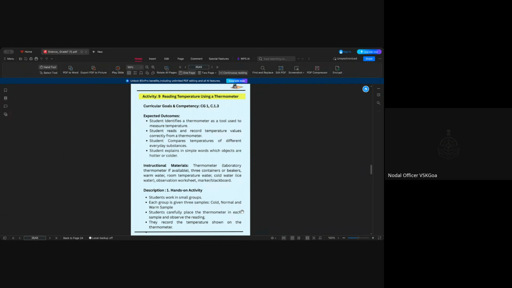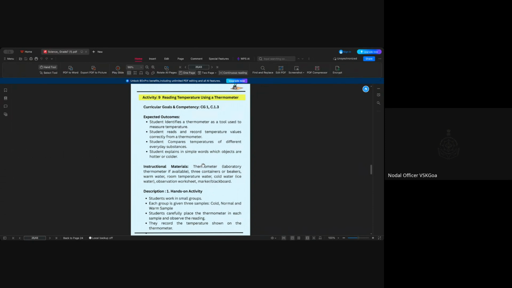Okay, so here our main idea is identifying a tool which is used to measure temperature. Along with that, the next outcome which we are expecting from the student is they try to read and record temperature correctly from the thermometer, and at the same time compare the temperature of different substances. So these three things we are trying to figure out through this particular activity.